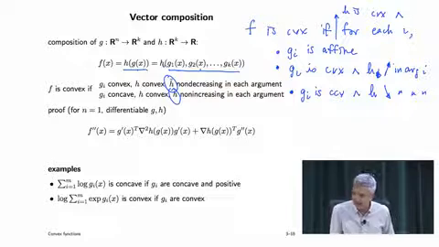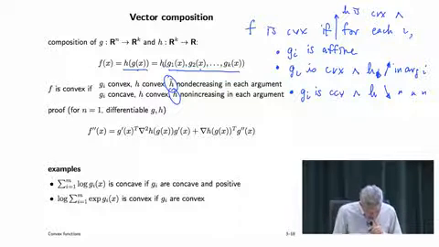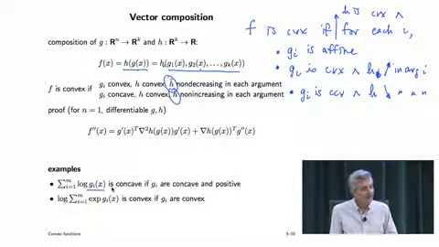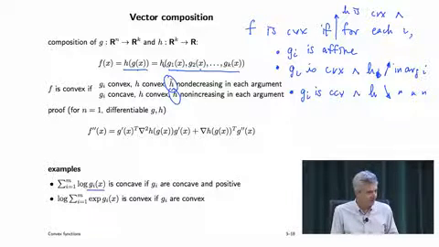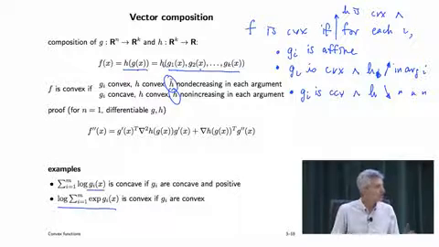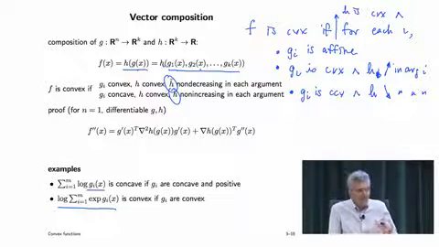So let's look at an example. The sum of the log of a bunch of concave functions is going to be concave, and that would follow from something like this. Here's one: log sum exp of g_i of x. If the g_i are convex, log sum exp of g_i is convex. Let me say a little bit about it.